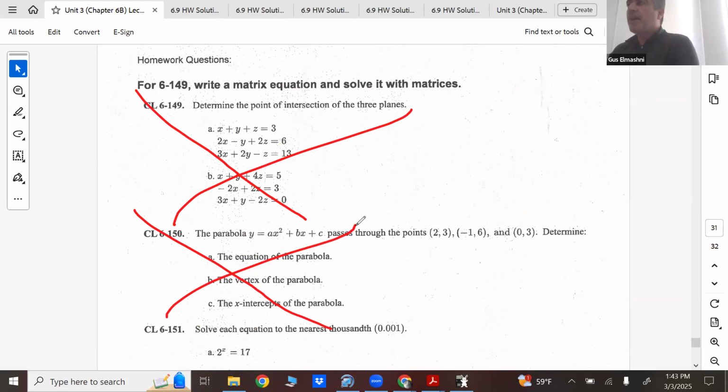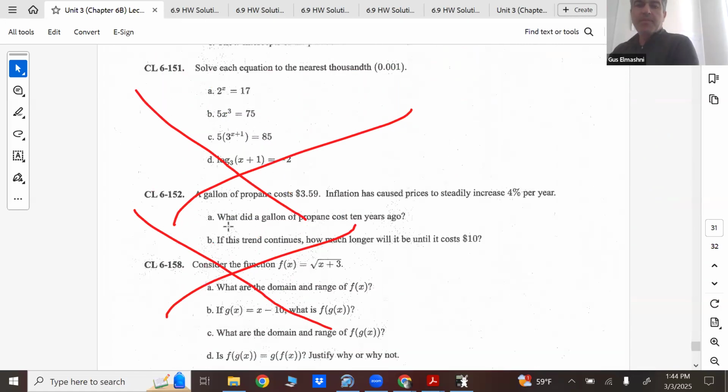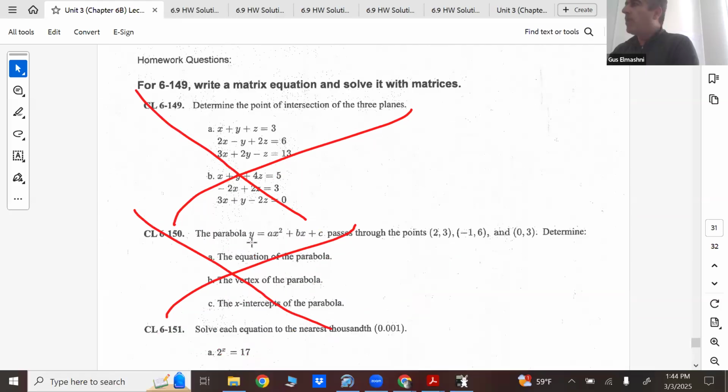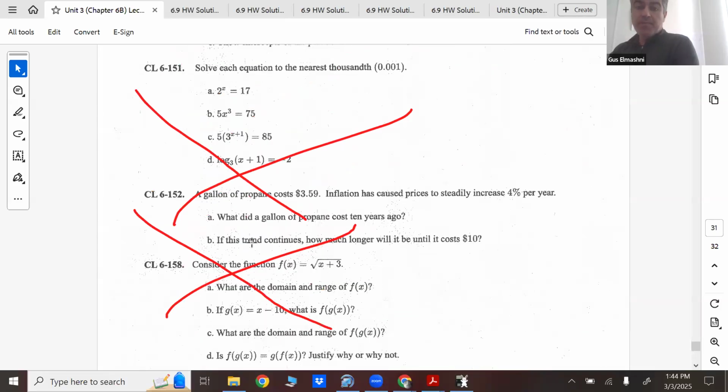You guys did great with it on the test, I don't need to reassess it. I do want you doing 151, 152, 158 for sure. Actually, cross off 158. I'm not going to ask that.